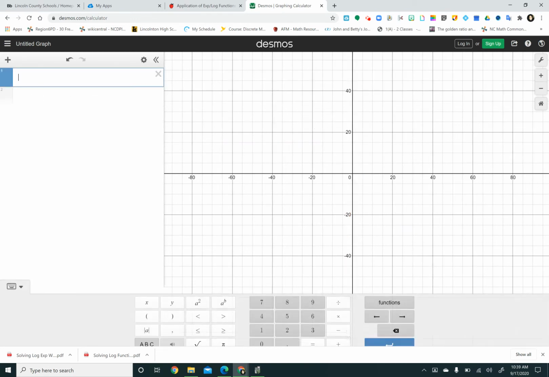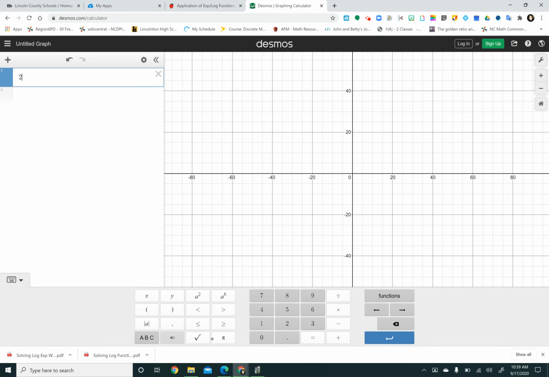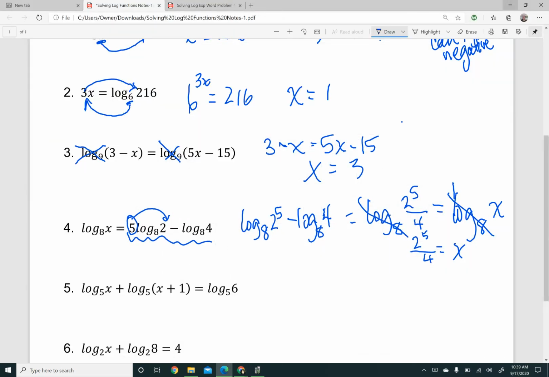So 2 to the 5th divided by 4. Your calculator will give you an answer. See, there it is right there. So that's equal to 8. So x equals 8. That's my answer.